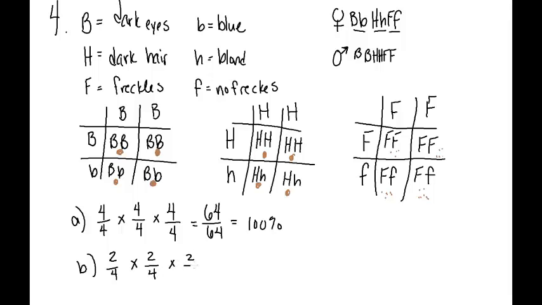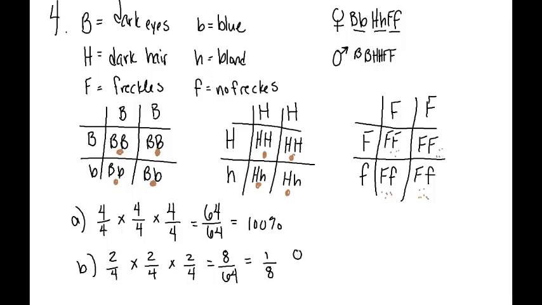And 2 out of 4 chances the child will have freckles and be heterozygous. So 2 times 2 is 4, and 4 times 2 is 8 out of 64. And if you break that down, that will be 1 out of 8.